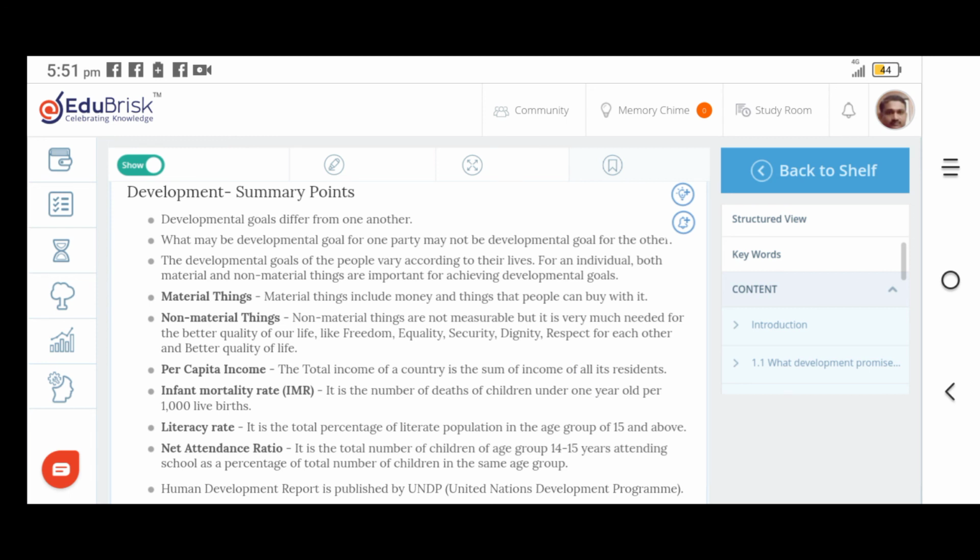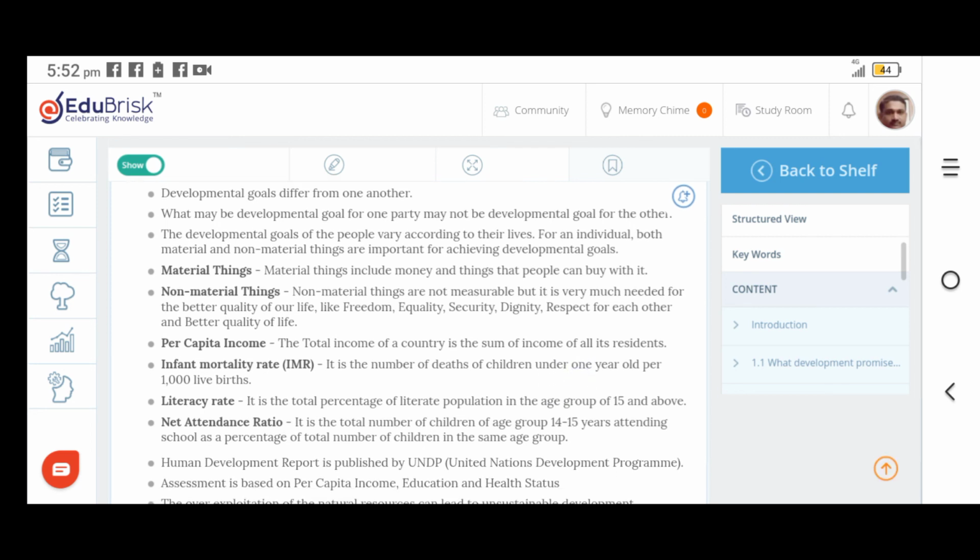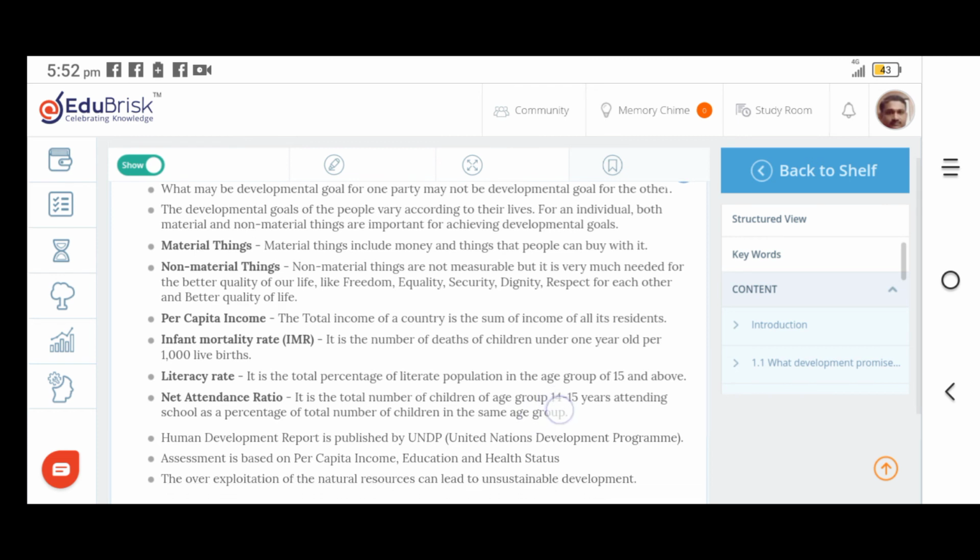Eco-friendly development, or development without the destruction of the environment. Development goals are different. A farmer's development goal and a graduate person's developmental goals are entirely different. Developmental goals of people vary according to their lives.